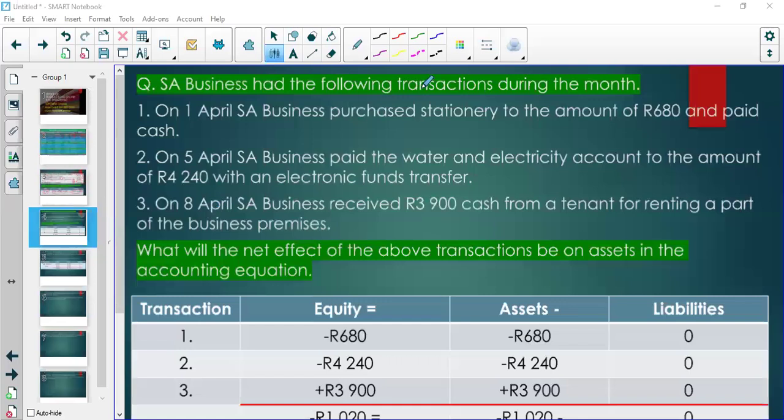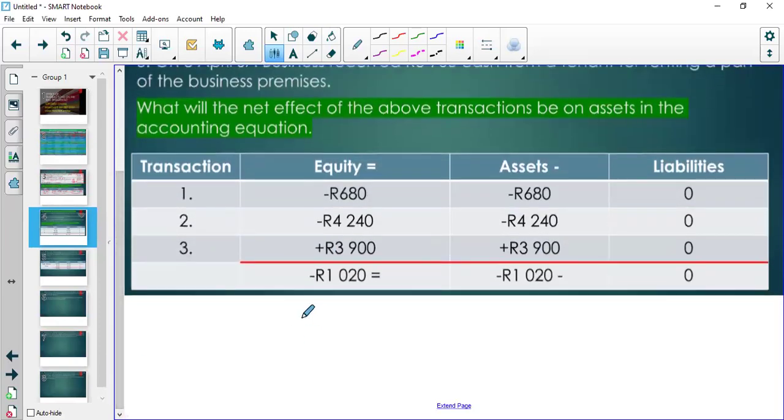We need to know all those things. So we need to keep a record of the transactions that we go through. So that record is recorded in the general ledger. So the general ledger is the folder where you record all your transactions that you want to track.